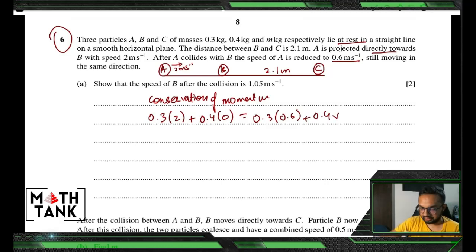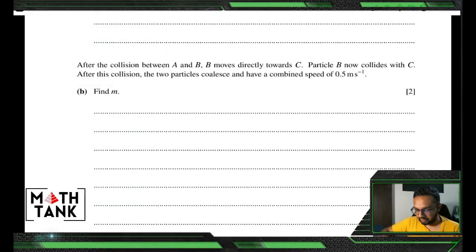Let's try to solve that. This is a relatively simple question. That gives me V equals to 1.05. Then it says after the collision, A and B moves directly towards C. So B started moving.